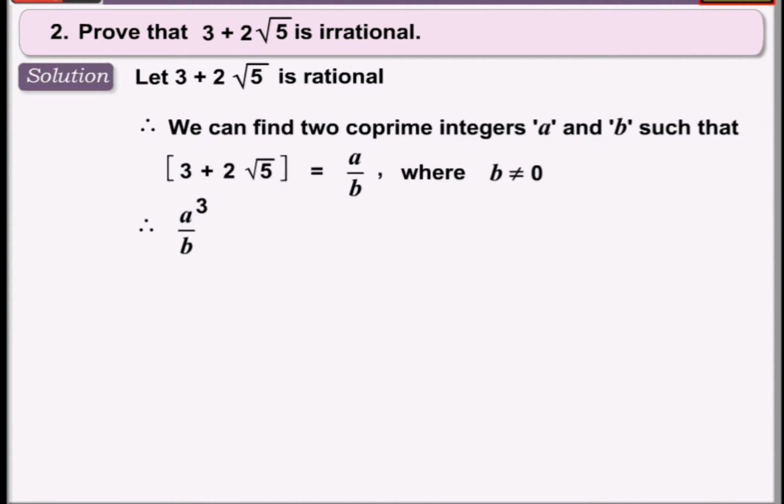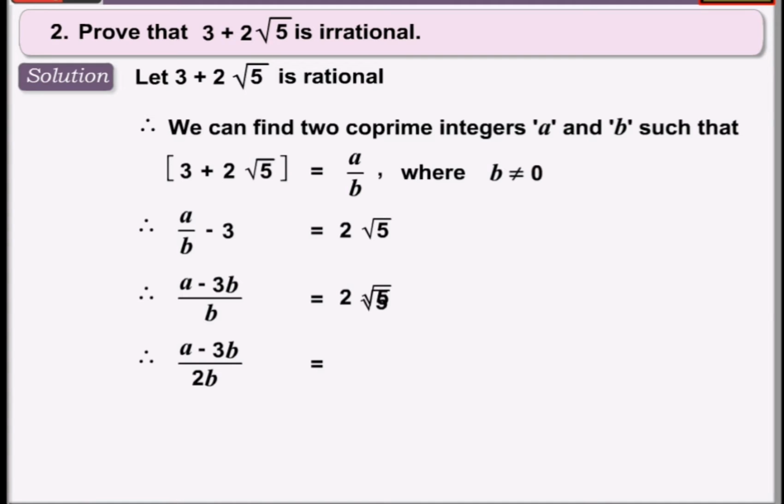Therefore, a upon b minus 3 is equal to 2 root 5. So, a minus 3b upon b is equal to 2 root 5. So, a minus 3b upon 2b is equal to root 5. Let us put it as 1.